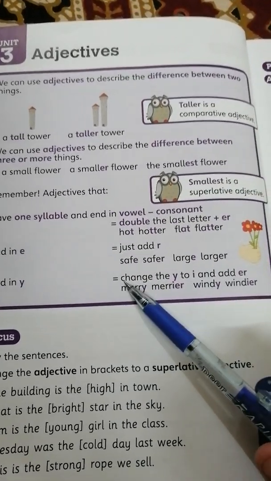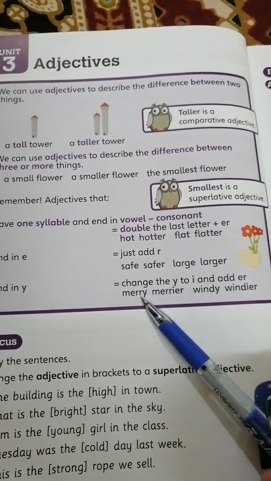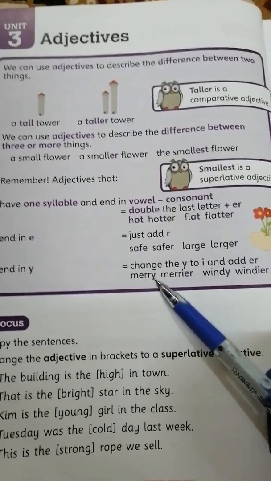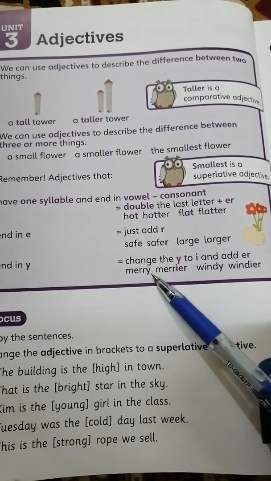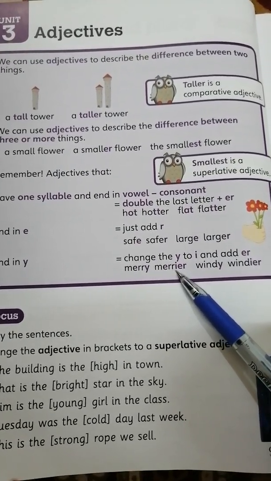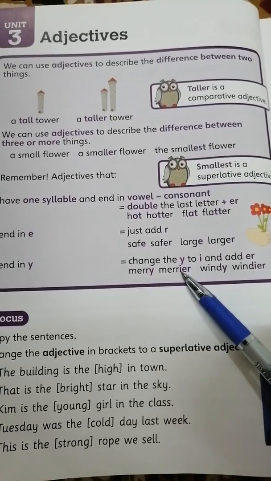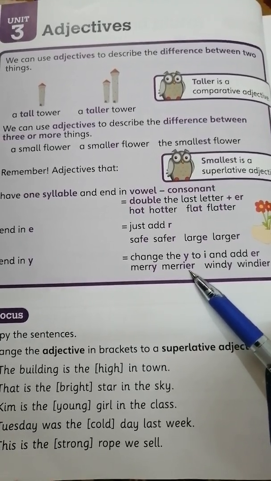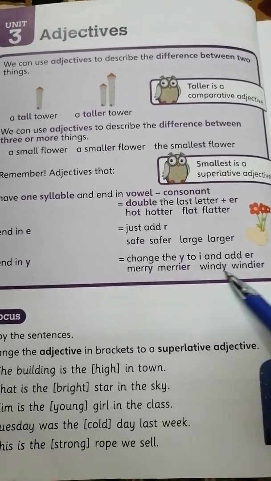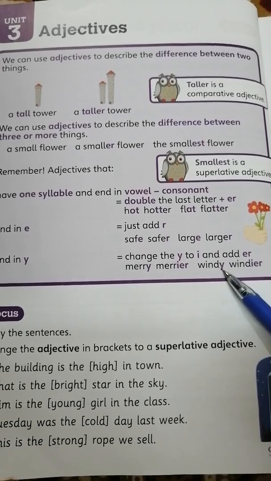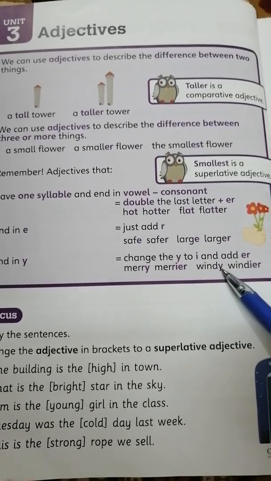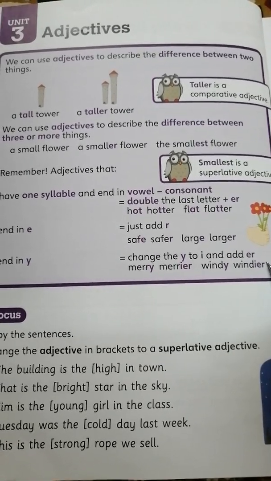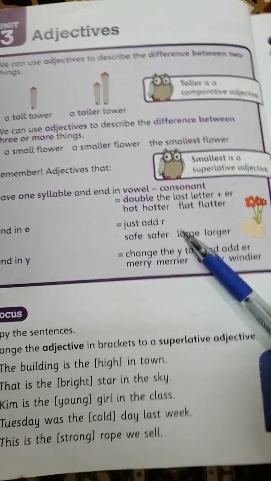Like the word merry, M-E-R-R-Y, it ends on Y. So we remove Y from the end and replace it with I, like merry, merrier, and we add IER at the last. The next word is windy, W-I-N-D-Y, we replace Y with I and add ER to it. So it is windier.